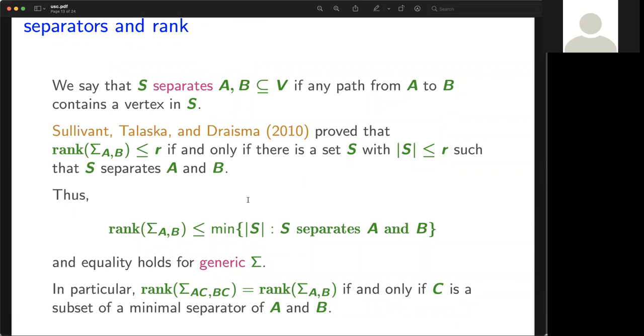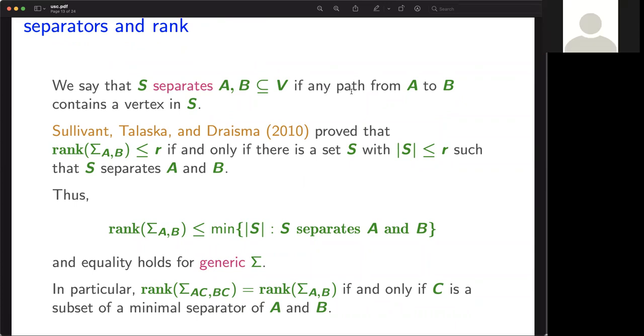Okay, wait. So if I have a fully connected graph. Yeah. So here you could just take S to be equal to A. Okay. So separator means, here's the definition of what separator means: every path from A to B contains a vertex of S. So the separator can be a subset of one set. So the example you're asking is not an interesting one.